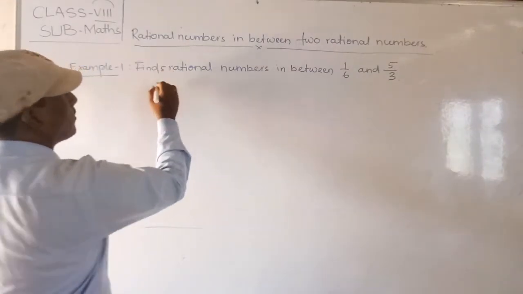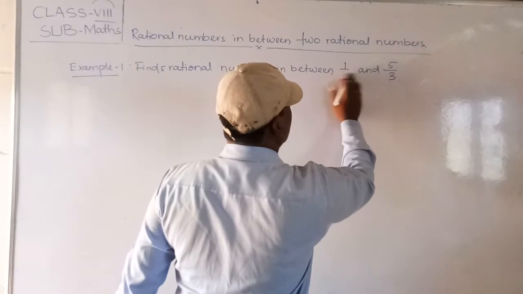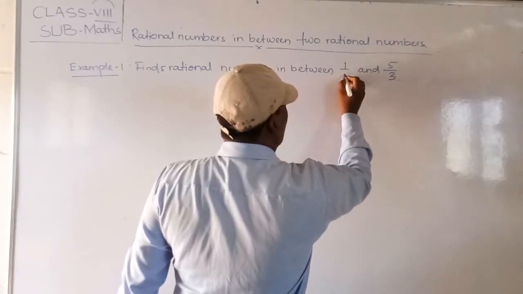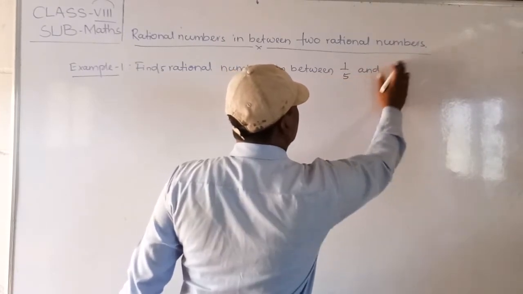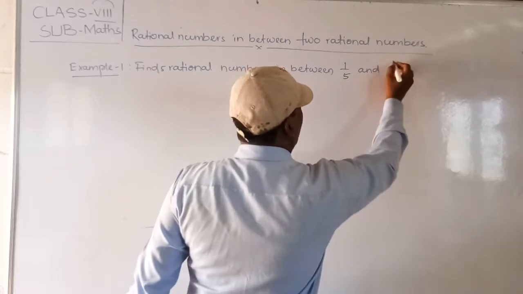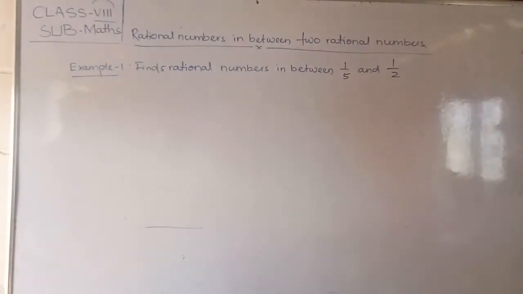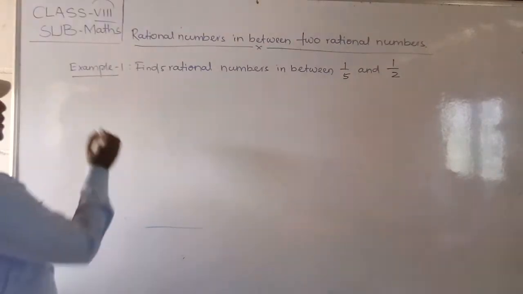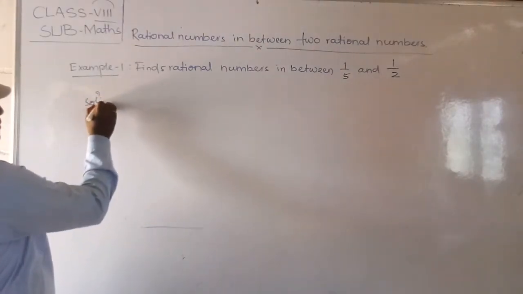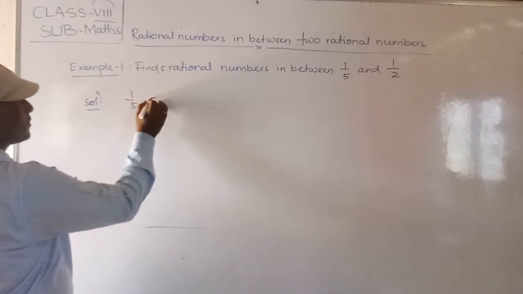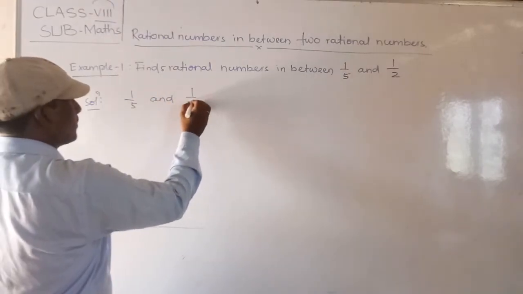Find 5 rational numbers between 1 by 5 and 1 by 2. So what you have to do? The solution: 1 by 5 and 1 by 2.